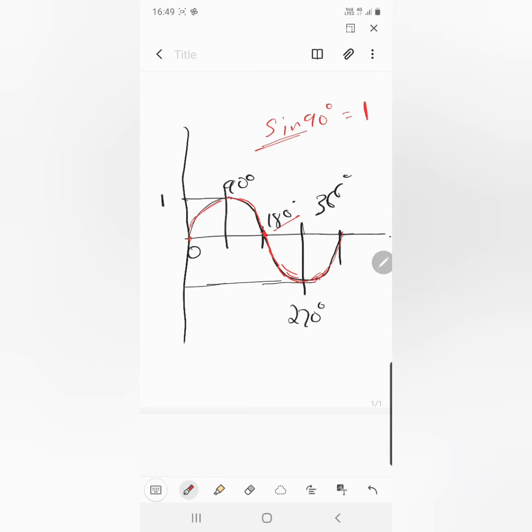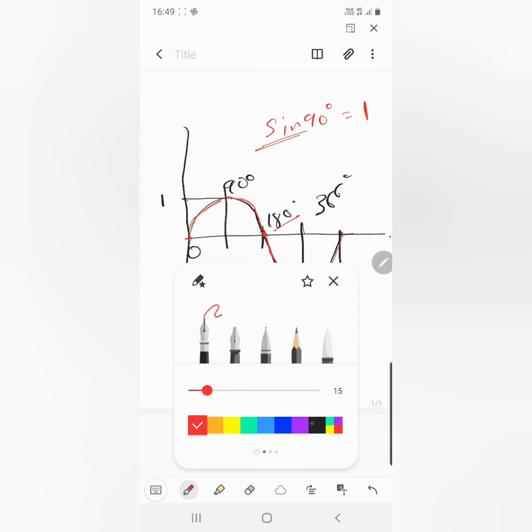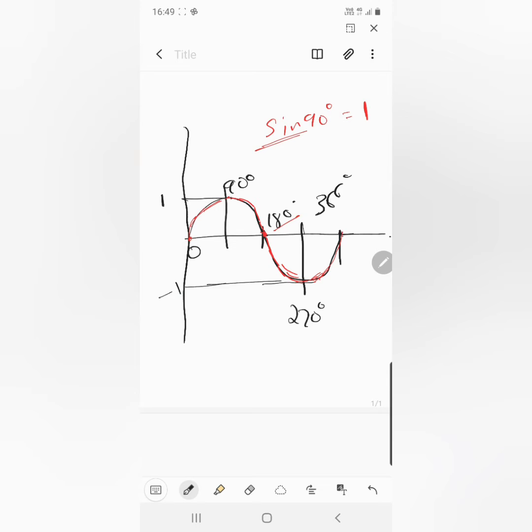Sine 360 is the same as sine 0, which is 0. Sine 360 and sine 0 is 0. Unlike the cos curve, which would be like this, but we won't get into that now.